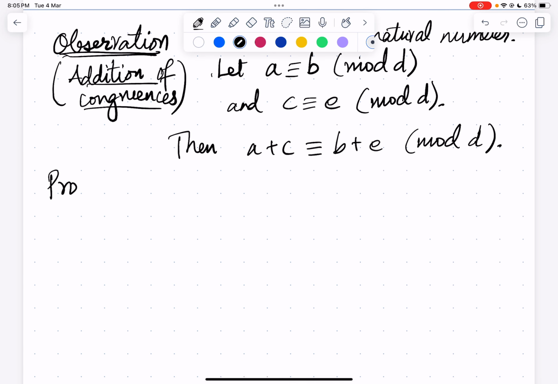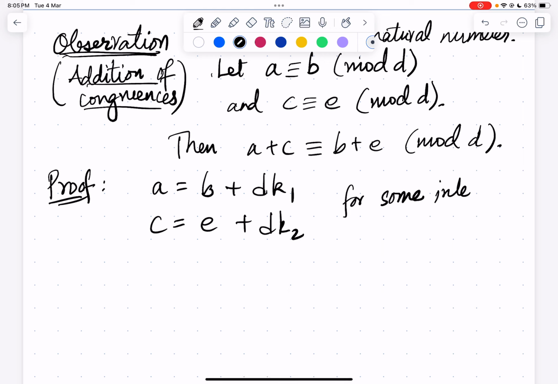So the proof is, as always, since A is congruent to B mod D, A is B plus dk1 and C is E plus dk2 for some integers k1 and k2.